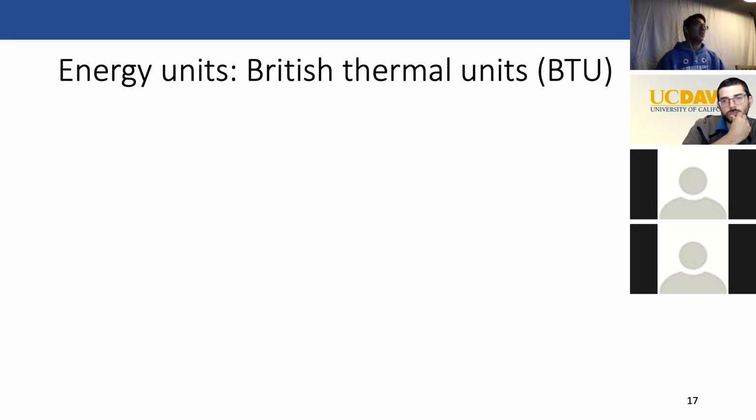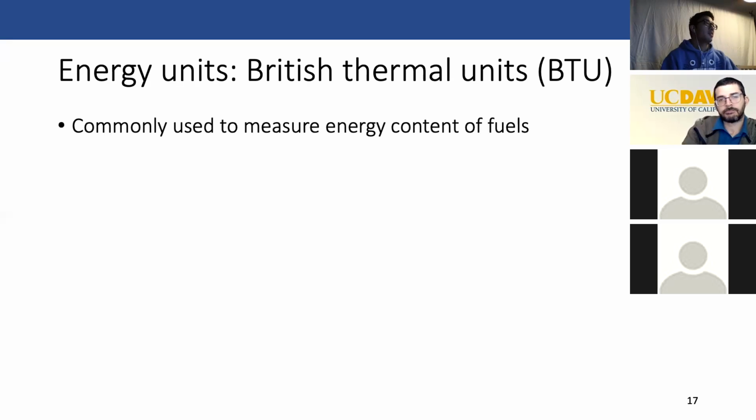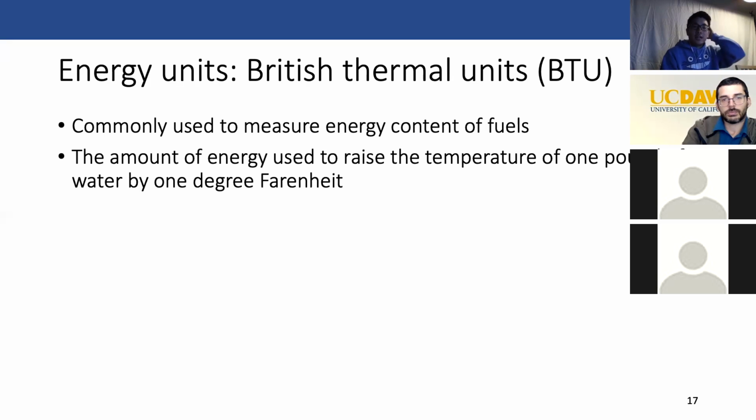One other type of energy unit that is common for certain aspects of the energy system is the British thermal unit, or BTU. This is used to measure energy content of fuels. It's basically an imperial rather than metric version of the joule.